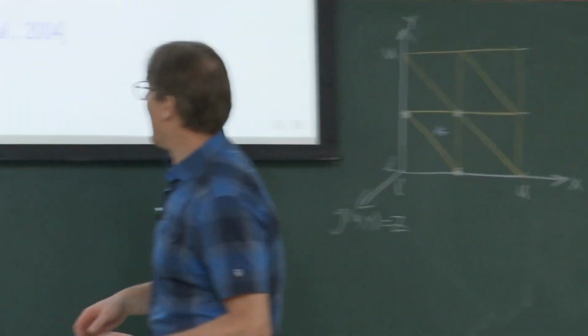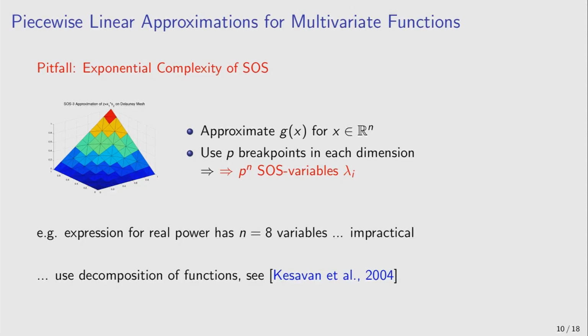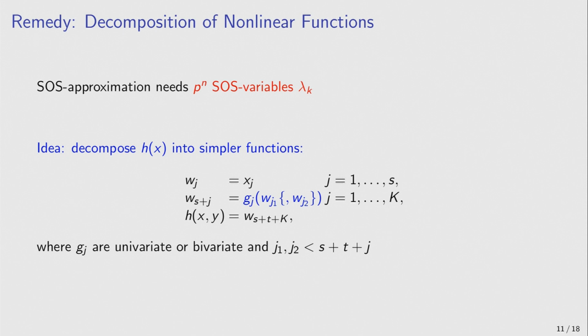Luckily, there's a really cool way of decomposing nonlinear functions, and we've already looked at this. We've looked at the computational graph. Here's the idea: if you have a nonlinear function h of x, or h of x and y, we can often decompose it, by copying the variables that we have, and writing it as a concatenation of univariate or bivariate functions.